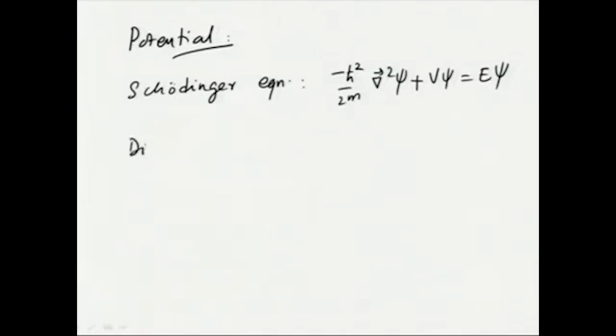So, the Dirac equation with interaction term is gamma mu P mu plus gamma mu e A mu minus m psi equal to 0.